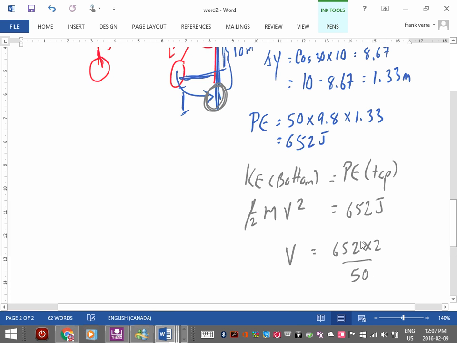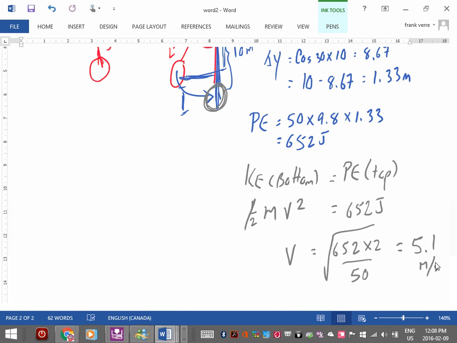We take the square root of that, and we get our speed of impact. What would that be? 5.1 meters per second. That's how you get the speed at its maximum point, where the wrecking ball hits the wall.